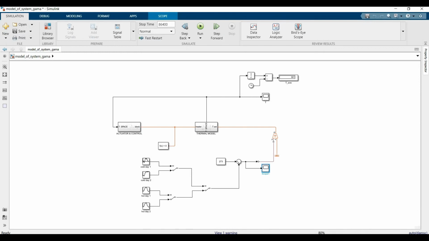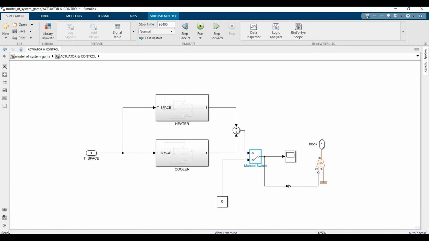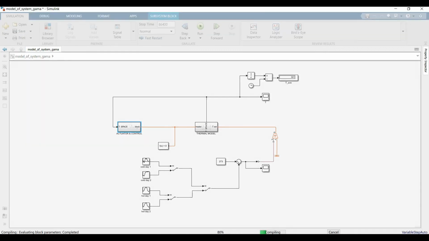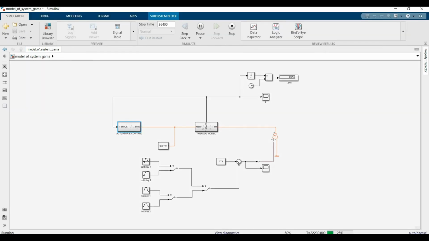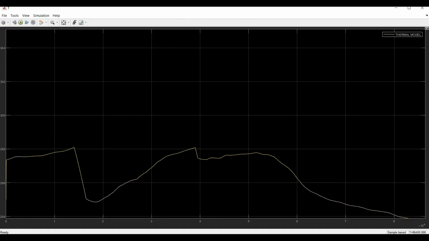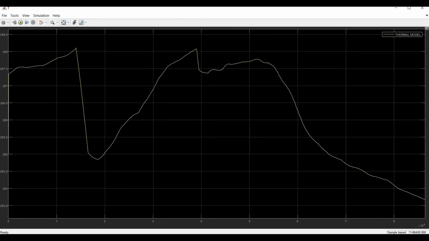Now I consider the actuator and control part and run. As you can see, the temperature average is 296.3, and the temperature variation of the space is like this.